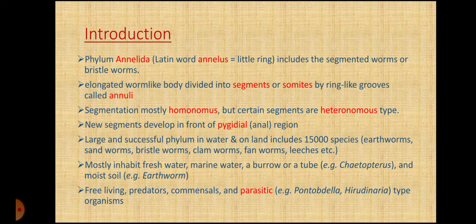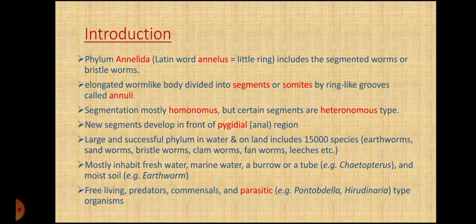The segmentation is mostly homonomous, as most of the segments in the middle region are similar. Certain segments, particularly the anterior and posterior segments, are somewhat distinct. These make the segmentation heteronomous.